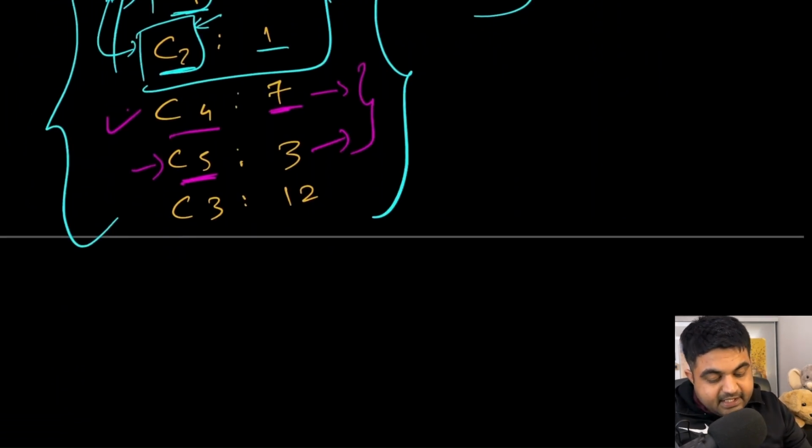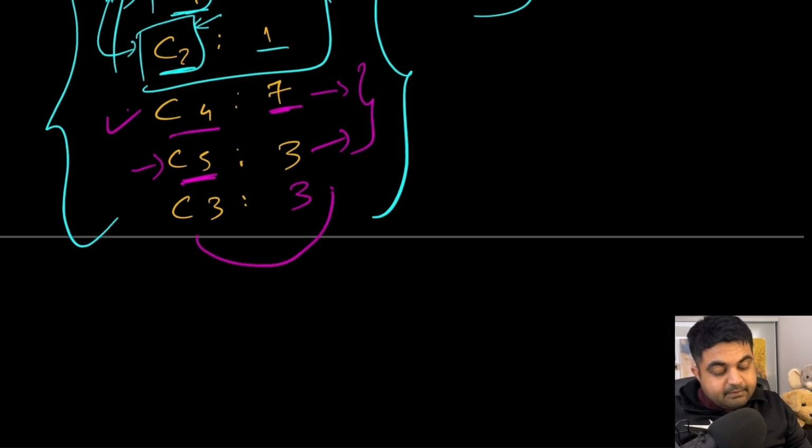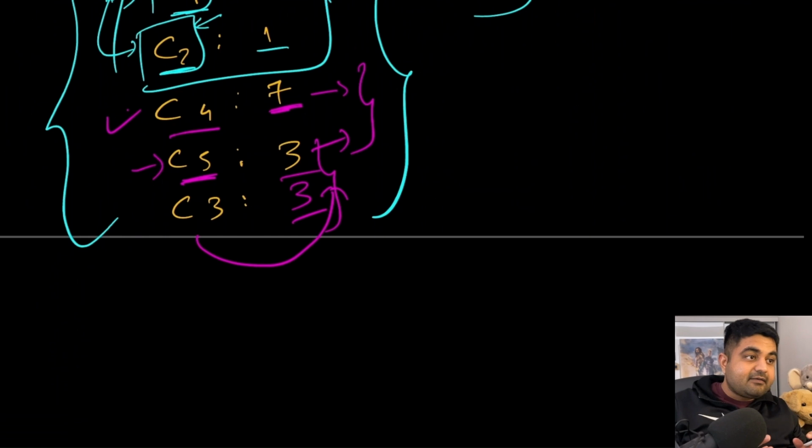Now say for the last one, C3, instead of this being 12, maybe this also took 3 hours to reach the destination. Then C3 would have also been part of this fleet, because C3 would reach the destination in 3 hours, C5 would reach in 3 hours, and C4 is going to block both of them and cause both of these cars to reach at the 7-hour mark, because C4 is ahead of C5 and C3.